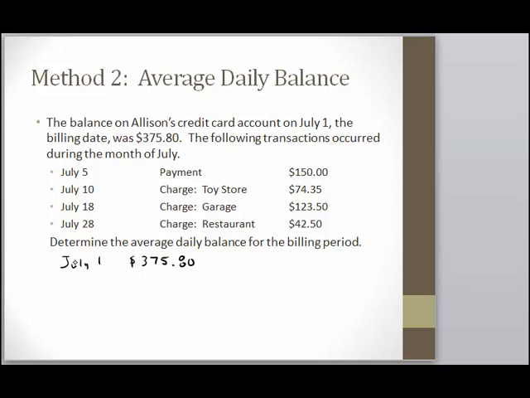We know that on July 5th, she made a payment. So I'm going to take that $375.80 balance, and subtract off her payment. And so at that point, she owes $225.80.